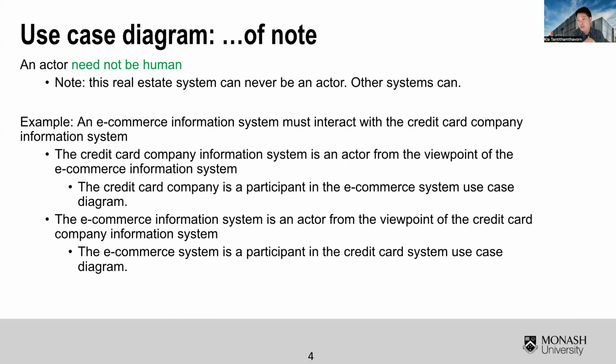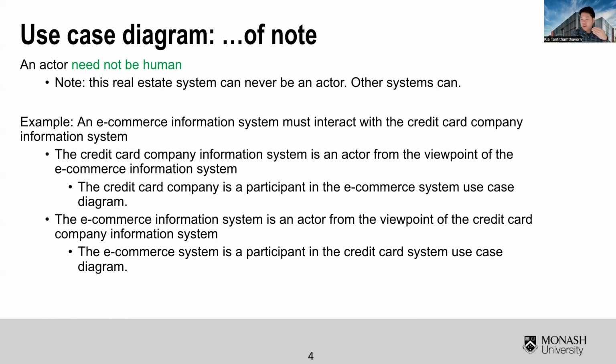Same for an e-commerce system as well. And to do that, the real estate system may need a third party credit card company, let's say MasterCard or Visa or PayPal, to be another actor as well, to interact with the system.